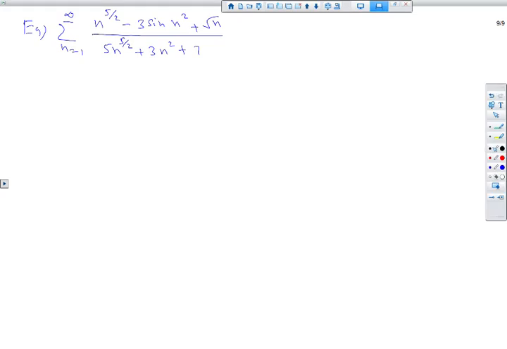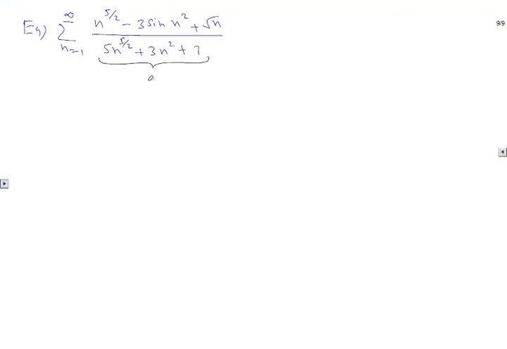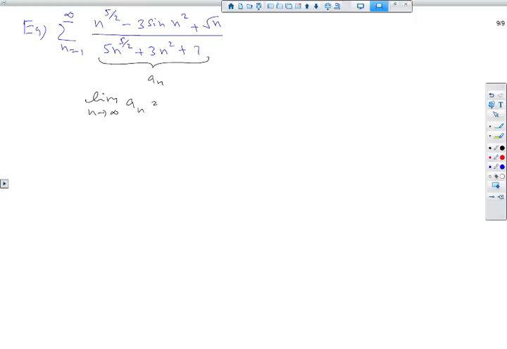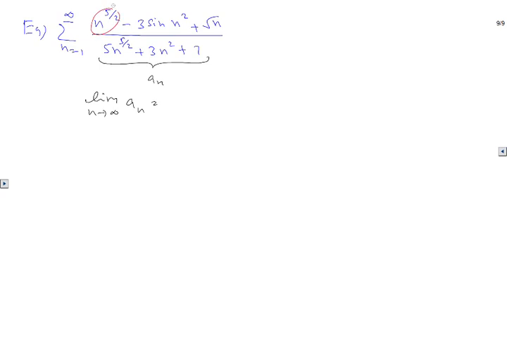Just an expression. So what do you do? This is a_n. Again as before, we can take the limit as n goes to infinity of a_n. You only need to look at the dominating terms, the dominating term in the numerator and the dominating term in the denominator.